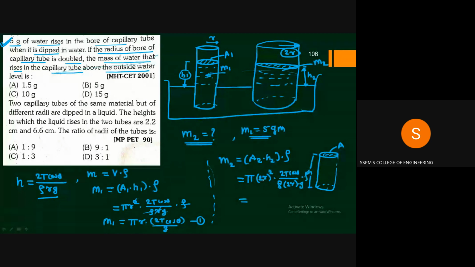This will be 4r square. So pi into 4r square into 2T cos theta upon 2r into g. So this 2 will be 2 r square. So the remaining value is pi. So this is 2 pi into r into 2T cos theta upon g.